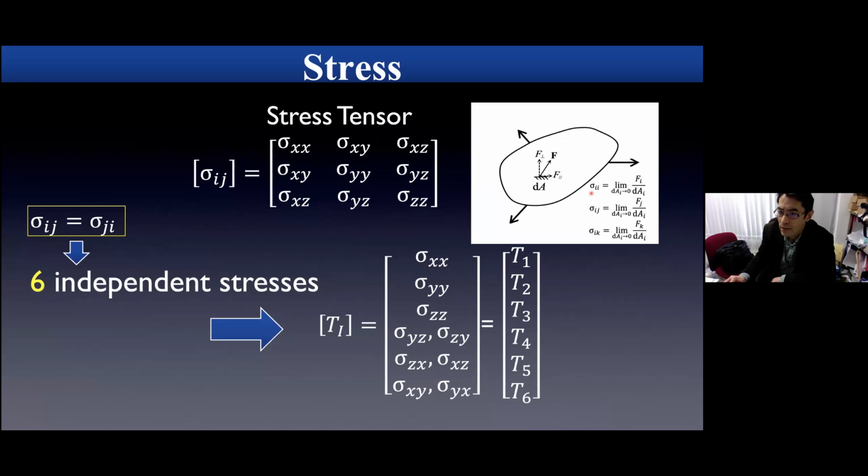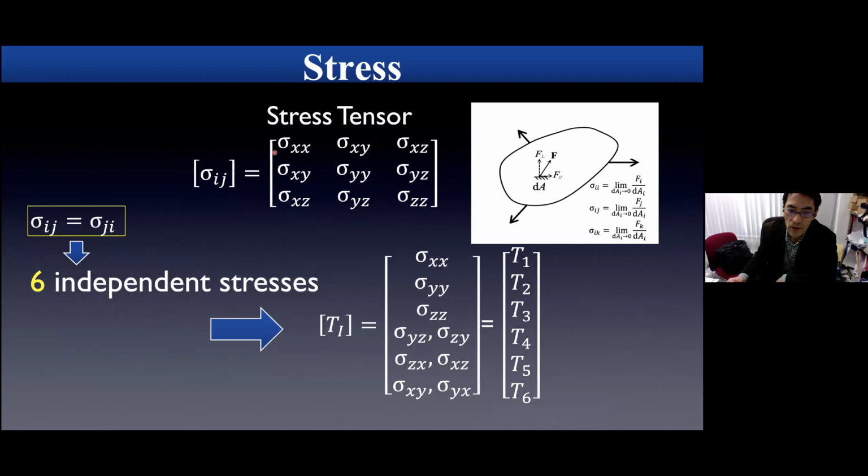So the stress has the same dimension as pressure, but it can be defined at a point inside the material because we take the limit to zero cross-section area. We can use three kinds of cross-sections, along the X, Y, and Z directions, and the internal force of course has three components along X, Y, and Z directions.